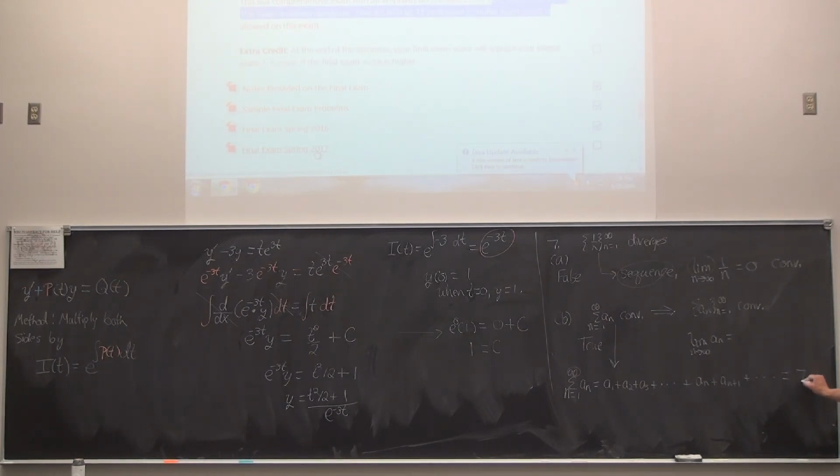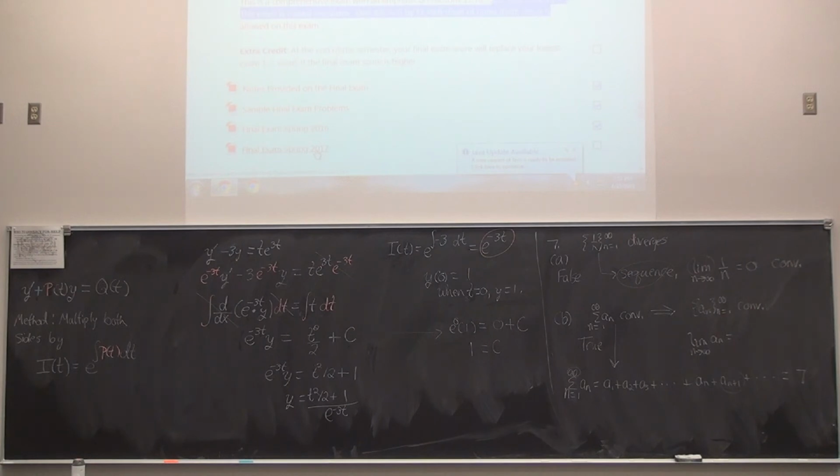I don't know what it is, but let's just say it came out as 7, just for the sake of a concrete explanation. So if this equals exactly 7, would you folks agree that if we're adding infinitely many things together that came out to something finite like 7, the terms should probably be getting smaller and smaller and smaller as we go along? Would you all agree with that?